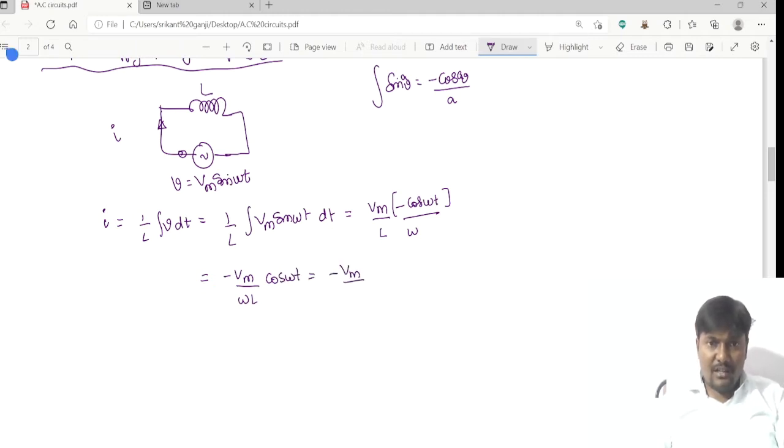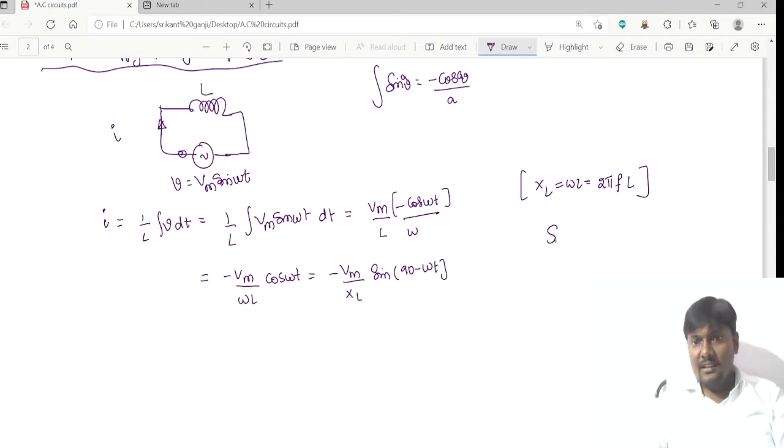So Vm divided by XL, where XL is called the inductive reactance, which is equal to omega L, 2 pi f L. Here omega is equal to 2 pi f. We can write it as sine of 90 minus omega t. Sine of 90 minus theta is equal to cos theta.